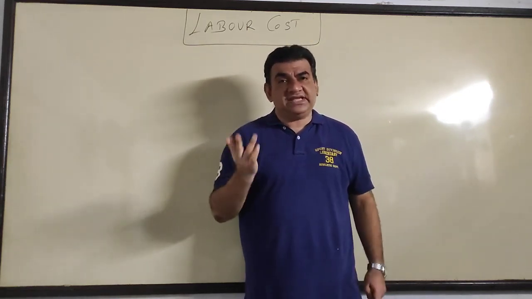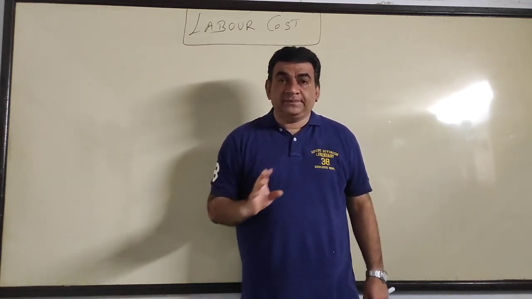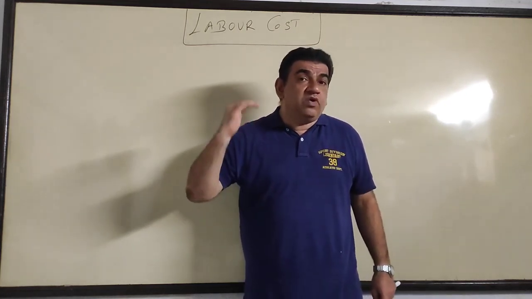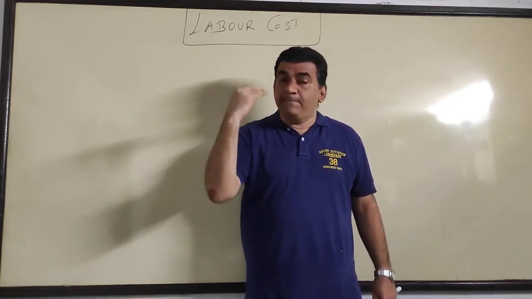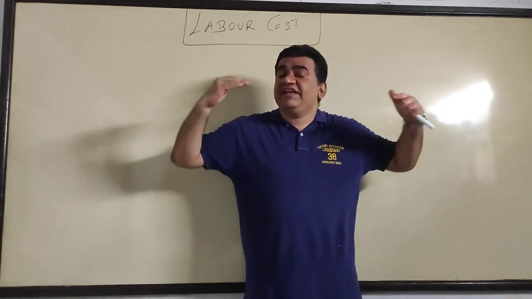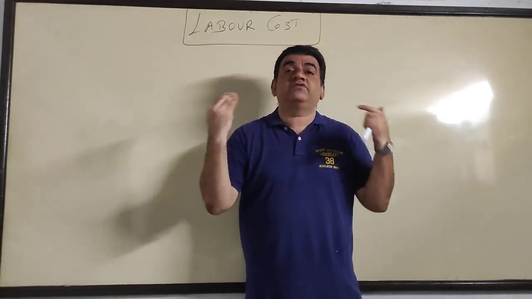You tell them, see, I am going to give you 800 rupees anyway, but if you produce more than your target, we will give you additional incentive in the form of bonus.